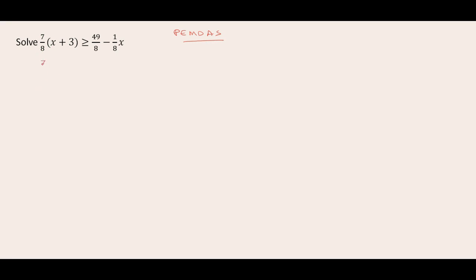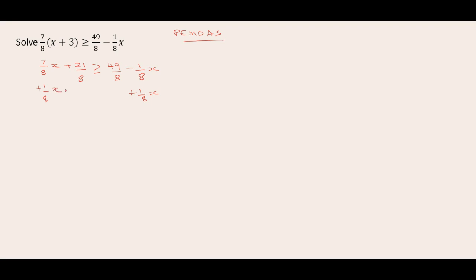So that's 7 over 8x plus 21 over 8 is greater than or equal to 49 over 8 minus 1 over 8x.